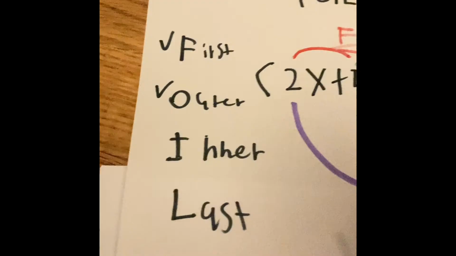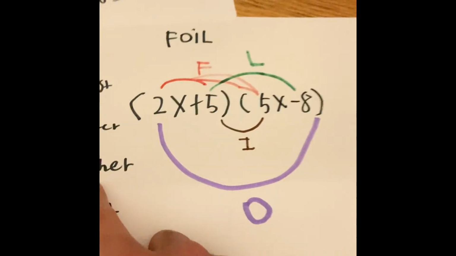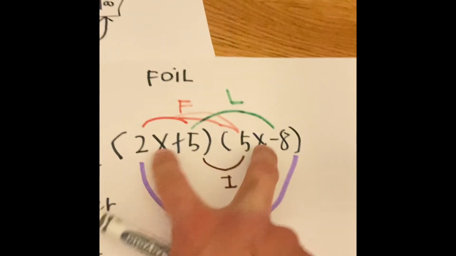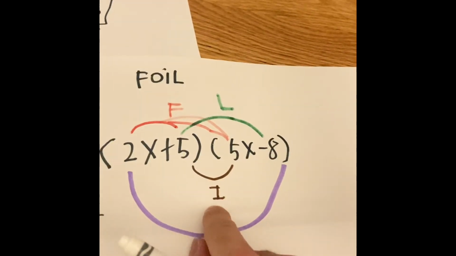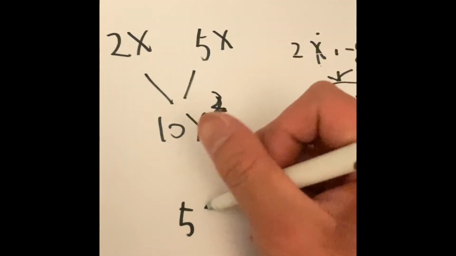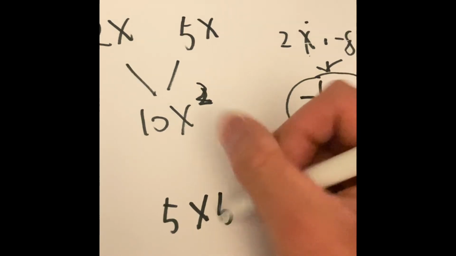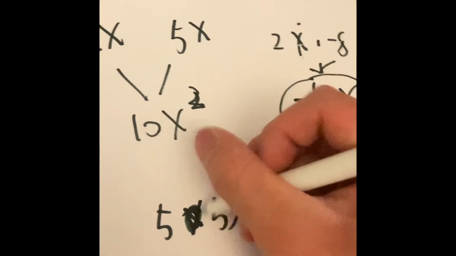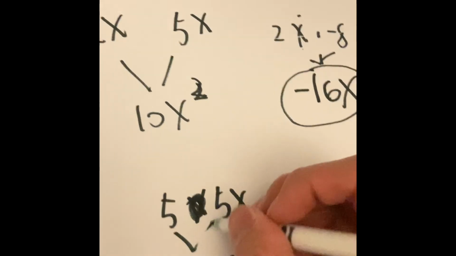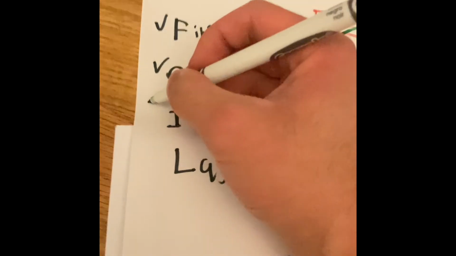Check. Now we have to do the inner terms. Those are the terms that are squeezed in by the outer terms. So the inner terms get a big hug from the outer ones. Multiply these two together. 5 multiplied by 5x. When we do that, we get 25x. And last but not least, check.